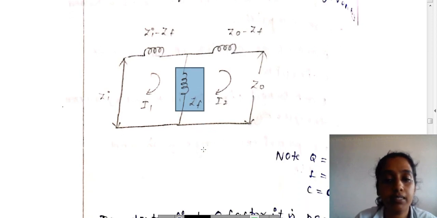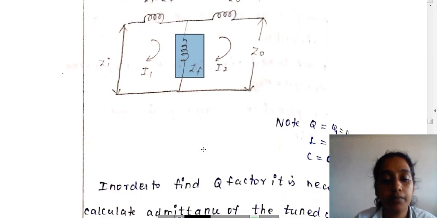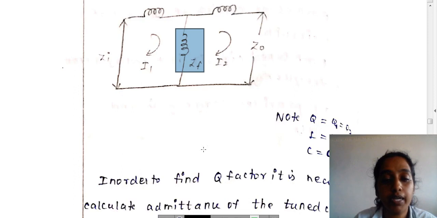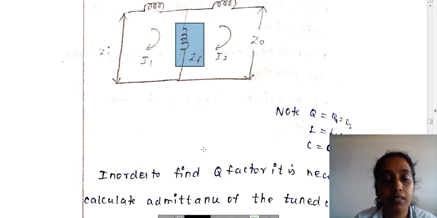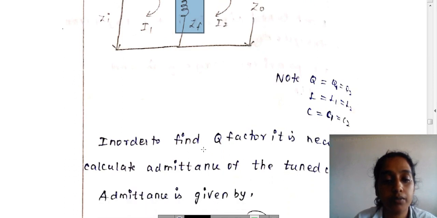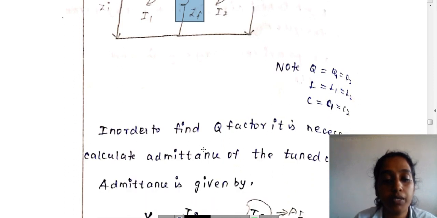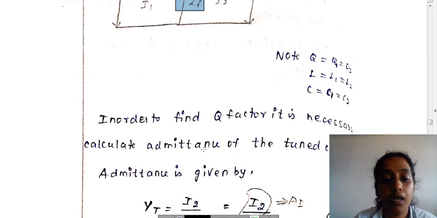Here let us consider Q1 equal to Q2 equal to Q, L1 equal to L2 equal to L, C1 equal to C2 equal to C. In order to find the Q factor, it is necessary to calculate the admittance of the tuned circuit. How do we calculate admittance?